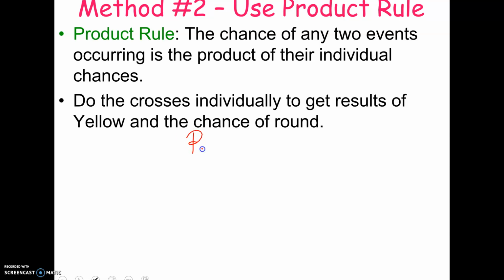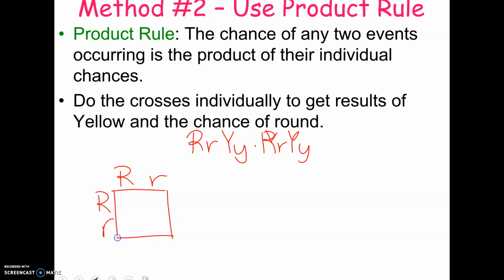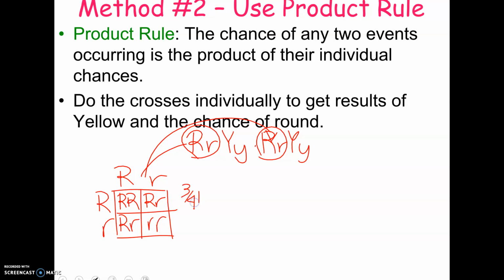So if we cross big R, big Y with big R, big Y, little y, we can just cross the R's, so we're separating out the traits. So if we just cross the R's over here, we are going to get a 3/4 chance of round and a 1/4 chance of wrinkles.